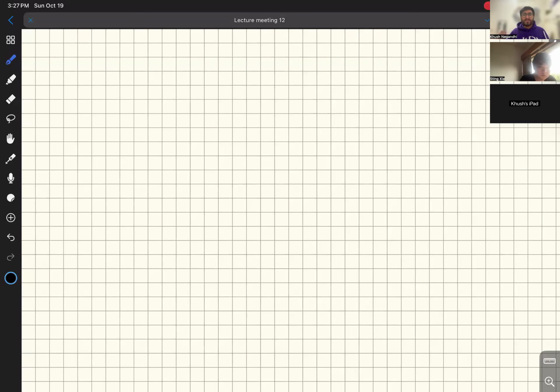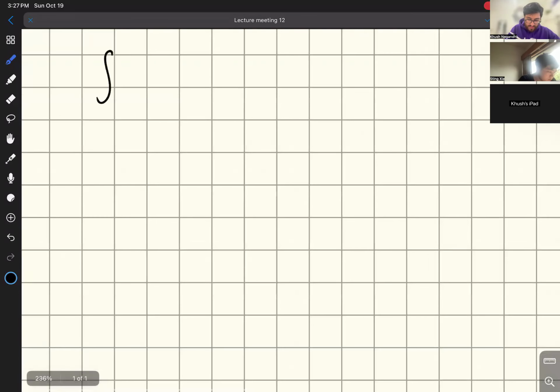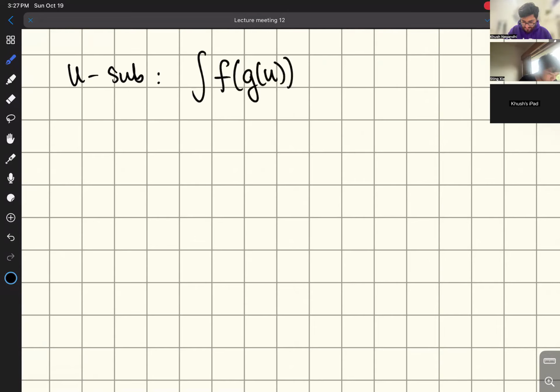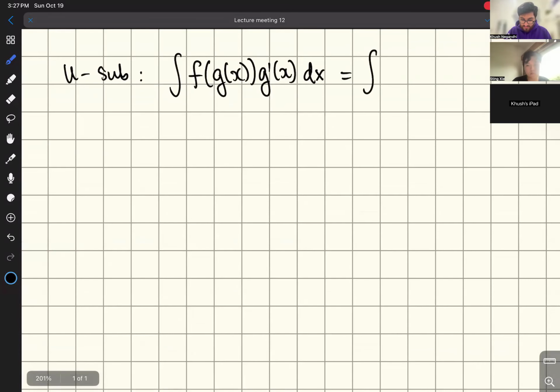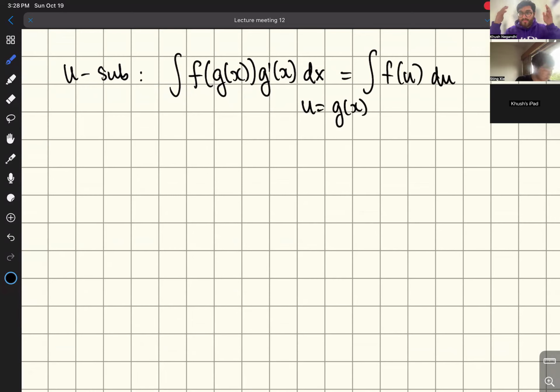If you have the integral of f of g of x times g prime of x dx, this is the same thing as the integral of f of u du, where u is g of x. So in some sense, we went from an integral that looked very complicated to an integral that's slightly easier to deal with.